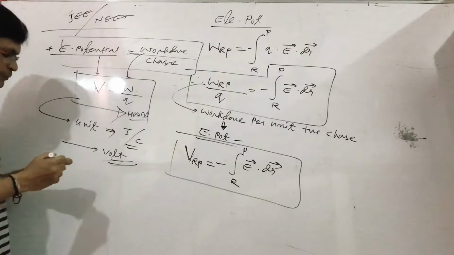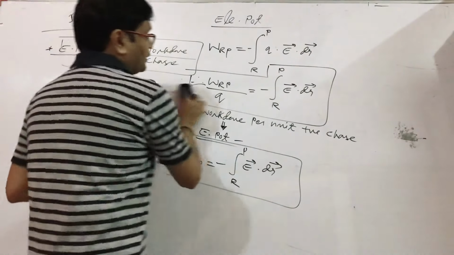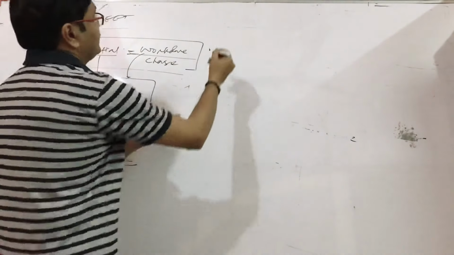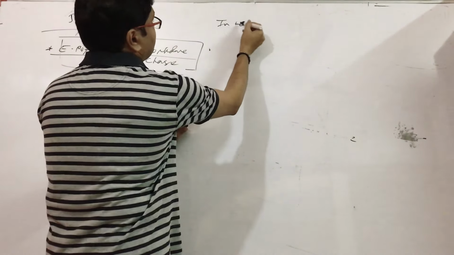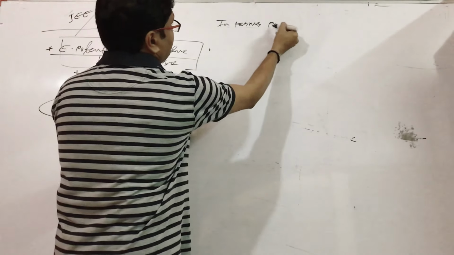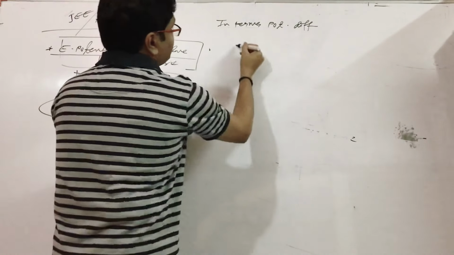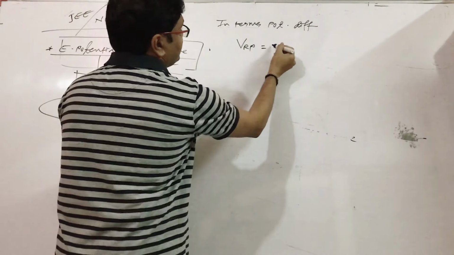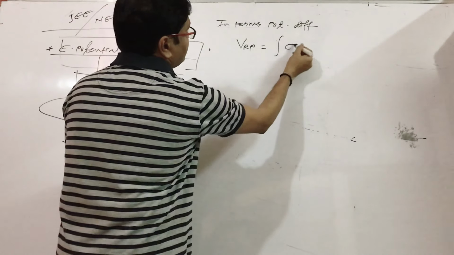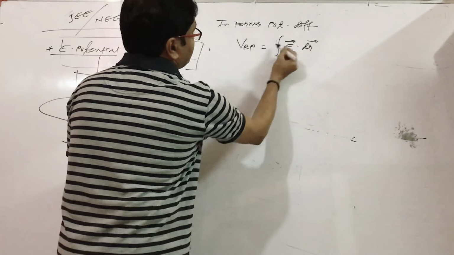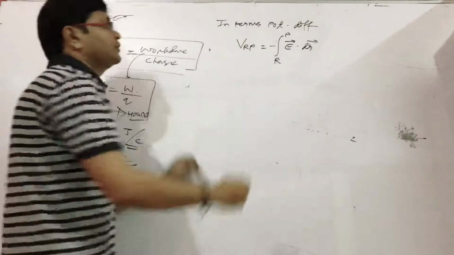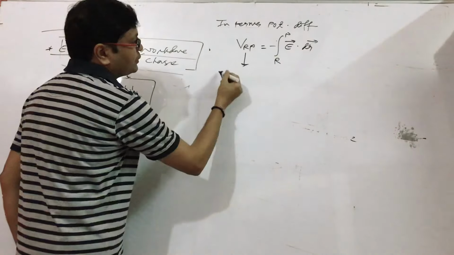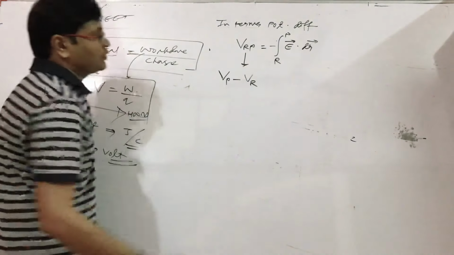Okay, next point. I would like to represent this equation now in terms of potential difference. Recently we have written this equation: V_RP is equal to minus integration of E dot dr from R to P. So this V_RP means the potential difference between two points, V_P minus V_R.